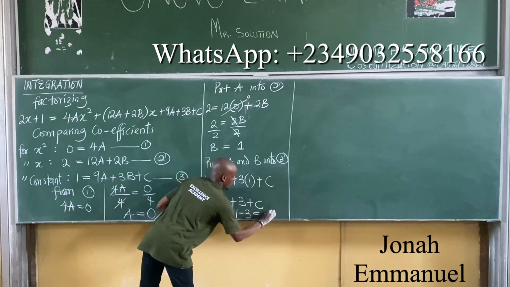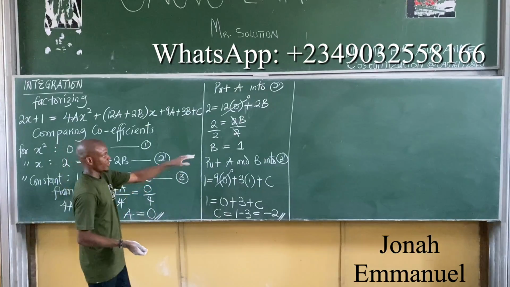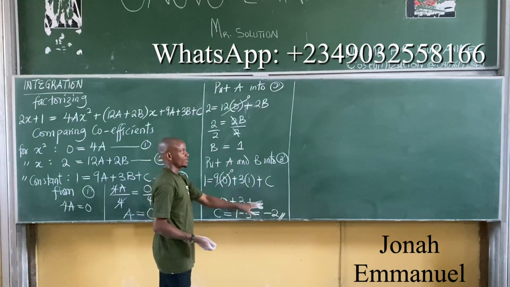How many there? Minus 2. So hence, A is 0, B is 1, C is minus 2.